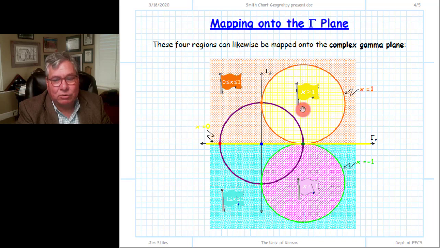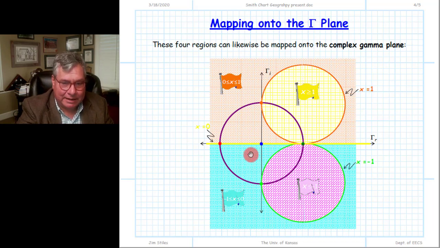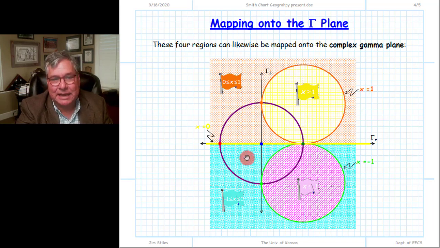The orange and yellow regions lie completely above the horizontal axis and thus in the inductive region. The other two regions in the normalized impedance plane lie below the horizontal axis and therefore in the capacitive region where the reactances are all negative, and we find that that is likewise true in the complex gamma plane.